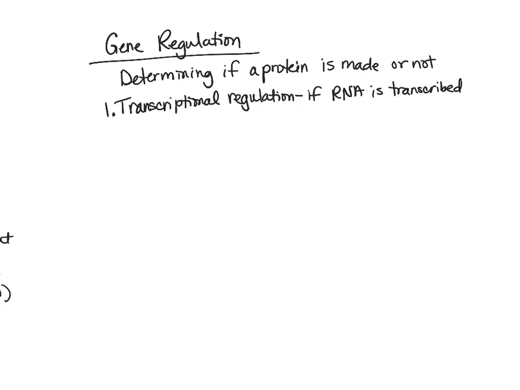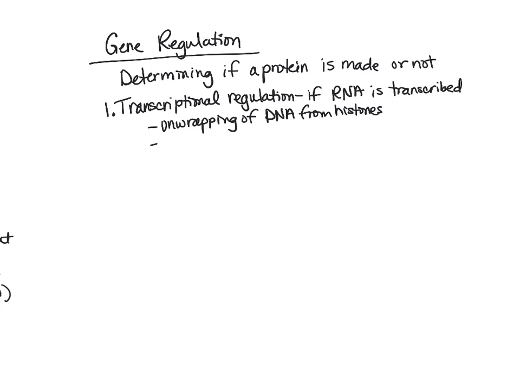So this is based on the unwrapping of the DNA from the histones. Remember, the histones are those proteins that we wrap the DNA around to get it really condensed so we can move those things around. And also proteins that are binding to the promoter to stop or to help RNA polymerase from binding.